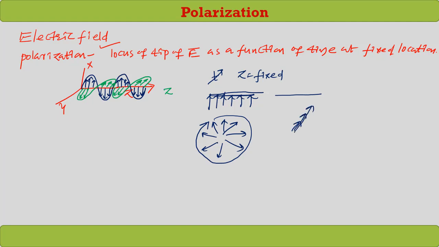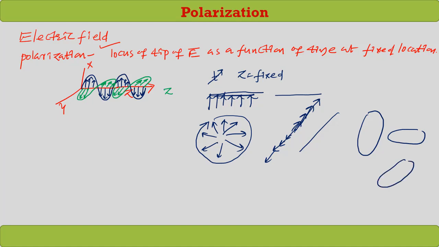As time is changing, the strength of the electric field is increasing in the form of the line, and then it is reversed and it is coming like this. That means you are observing a straight line. Okay, so in some other cases you may observe the elliptical shape. Ellipse can be like this, ellipse can be like this, ellipse can be like this also.